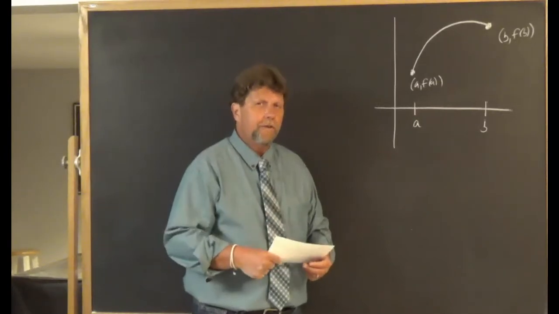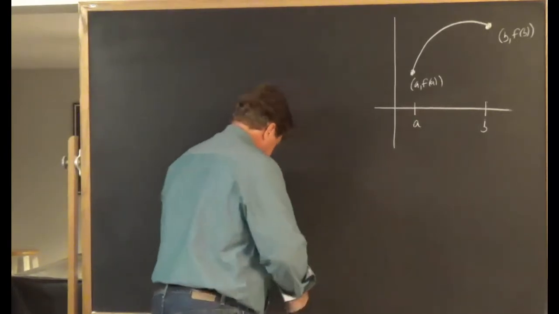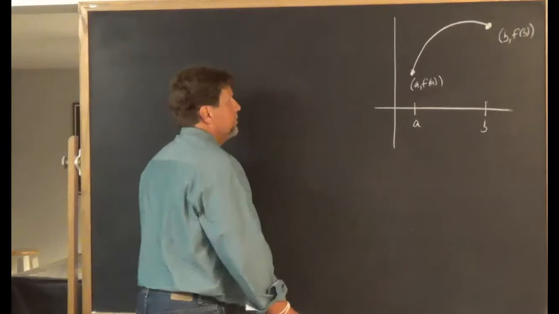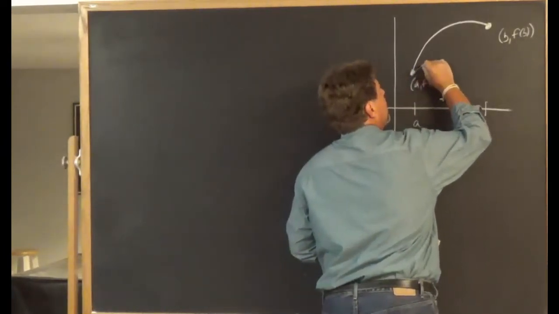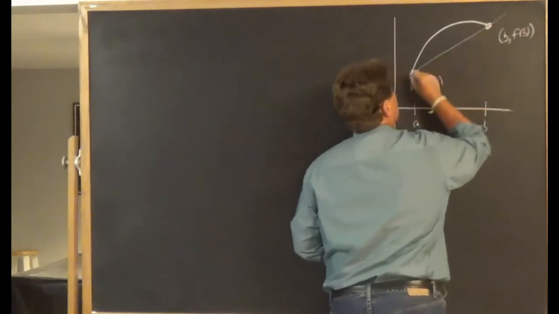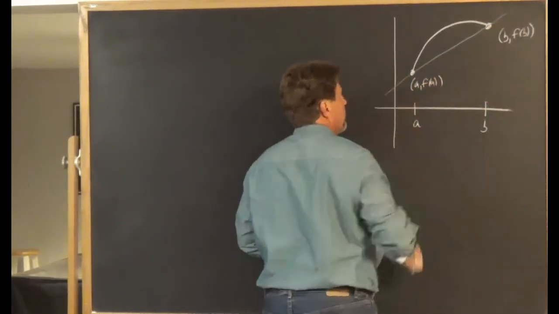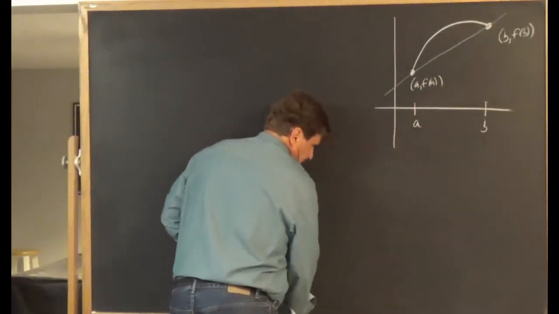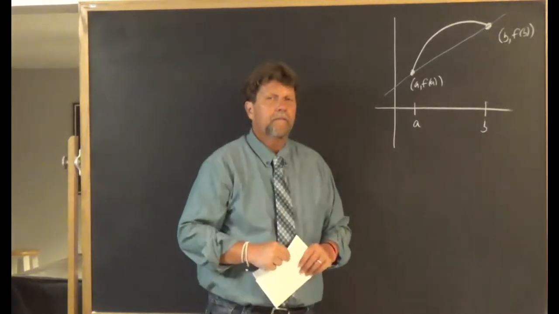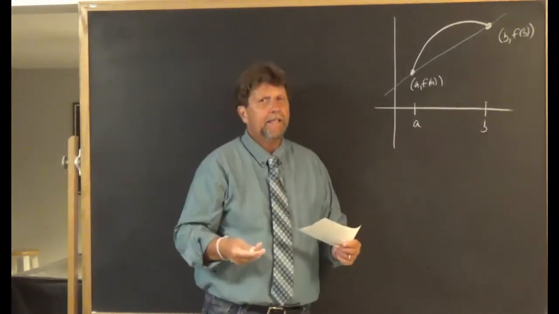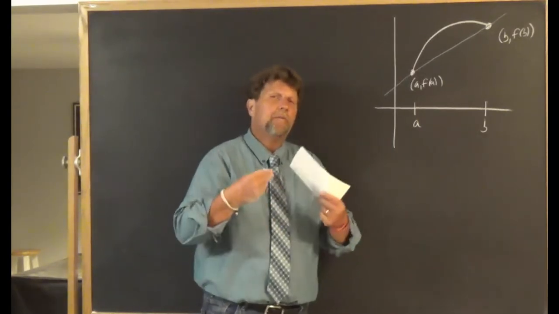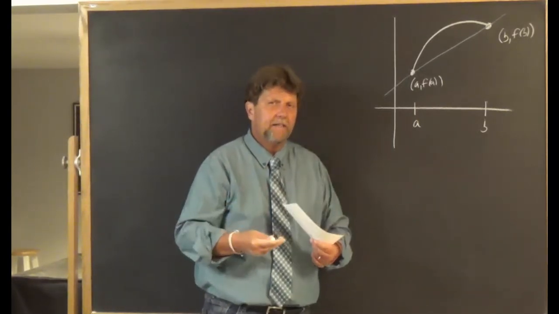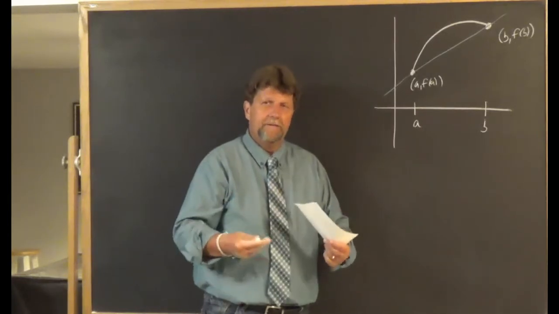Now, let me get the blue chalk. If I draw a line through those two points, well, that line has a name. Remember, it's called a secant line. And remember, a secant line gives us an average rate of change.